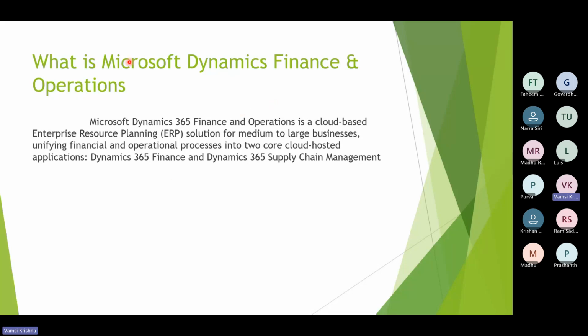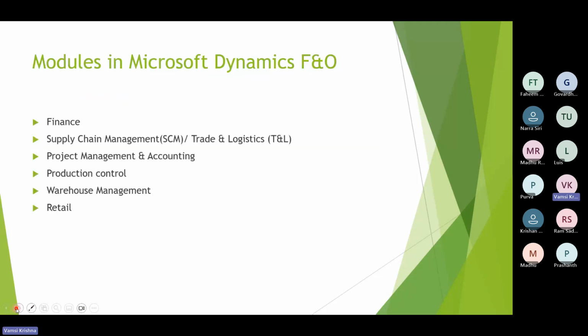We have multiple names. We'll call it Microsoft Dynamics Finance and Operations, F&O, and D365 F&O. We call it by multiple names in the market. This is what I'm speaking about with modules.